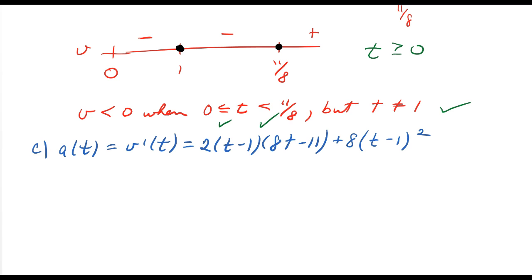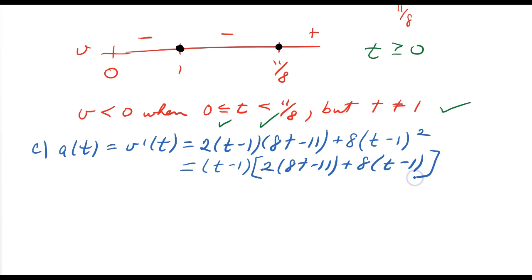So this time, as in the previous time when we found the velocity, we see that t minus 1 is again a common factor. So for a second time, I'm going to factor out this t minus 1, and that's going to leave us with a 2 times 8t minus 11 plus 8 times t minus 1, like that. And now we're going to clean up inside.